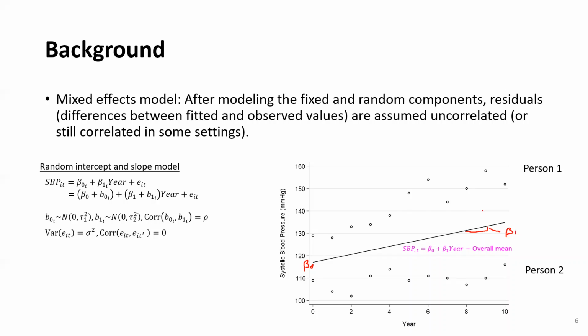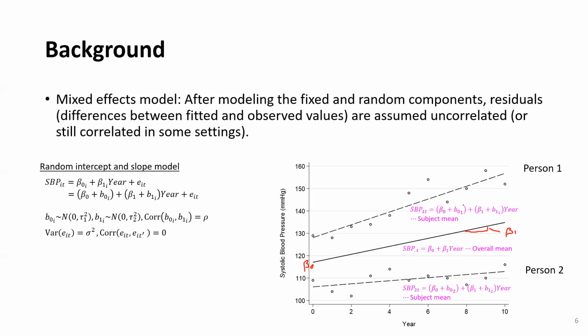So what to do? We also consider a subject-specific model, which is explained by using a fixed component and a random effect. So the systolic blood pressure of person 1 at time t is given by this intercept beta naught plus b01, and the slope is given by beta 1 plus b11.